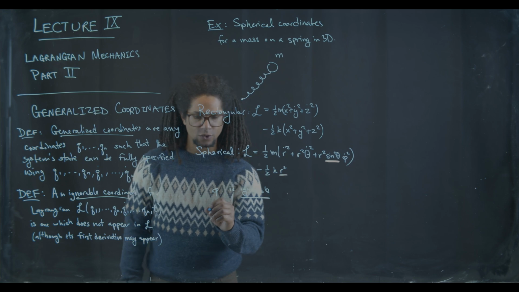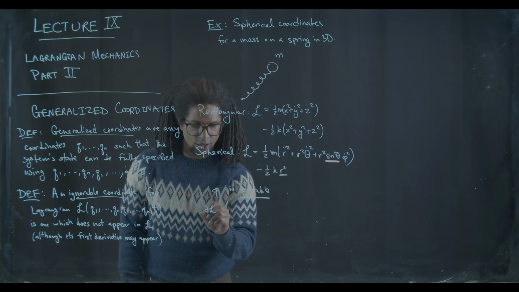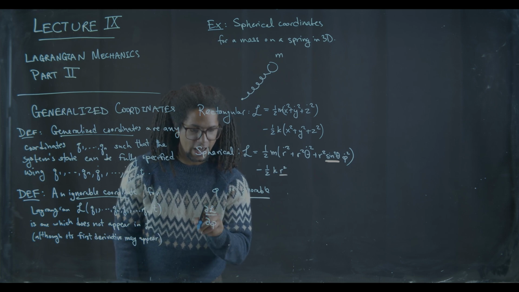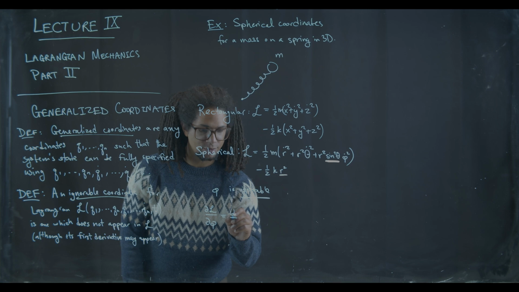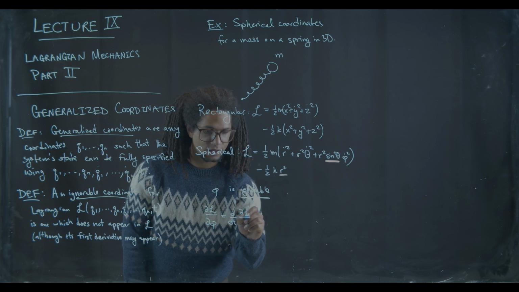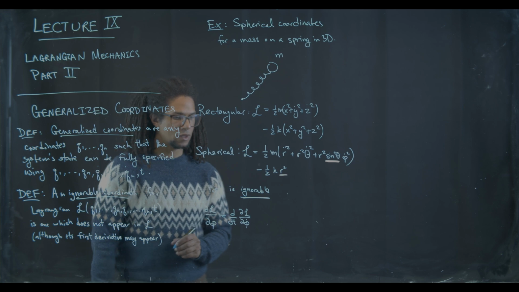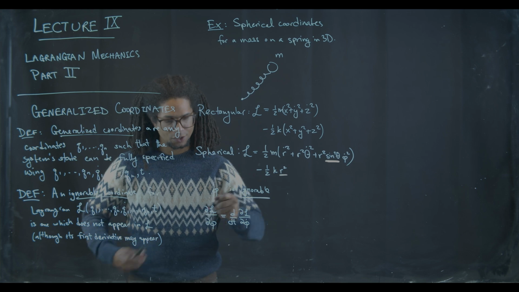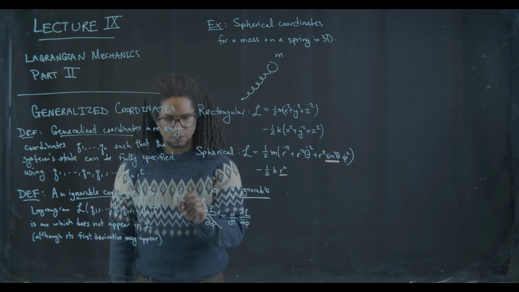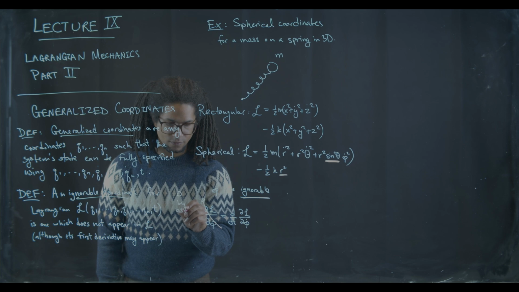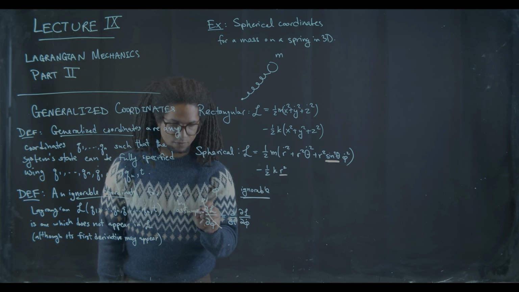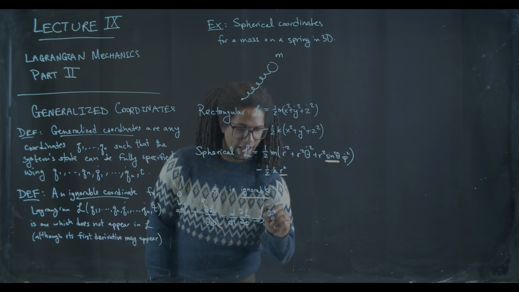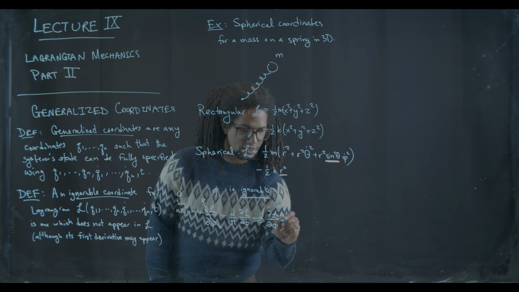Well, if phi is ignorable here, then let's write our Euler-Lagrange equation for phi. We'll have that dL d phi is equal to the time derivative of dL d phi dot. But this side is 0 by assumption. Which implies that dL d phi dot is equal to a constant.